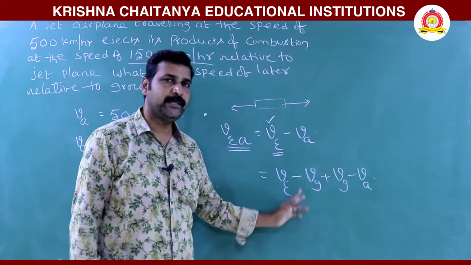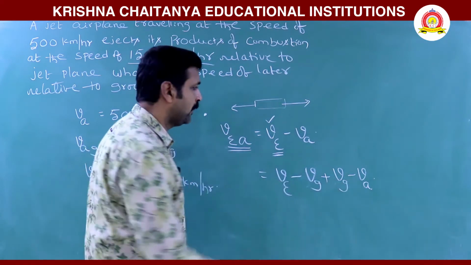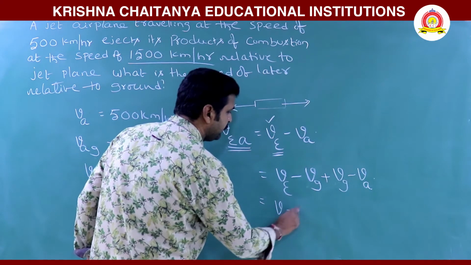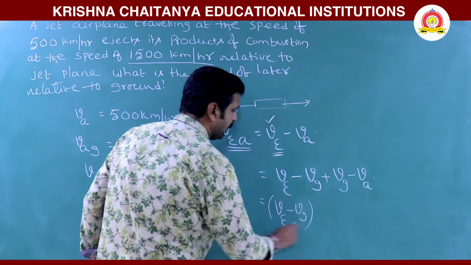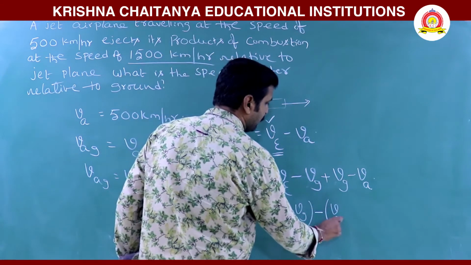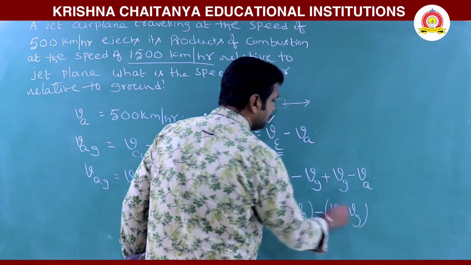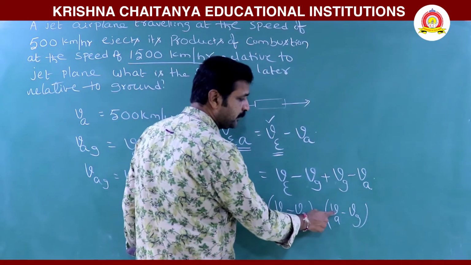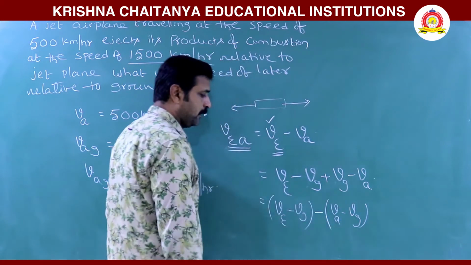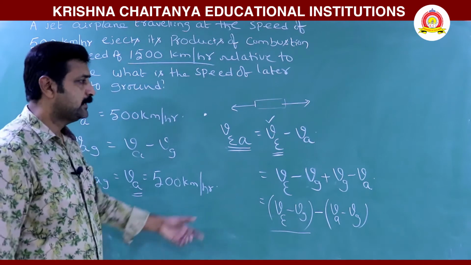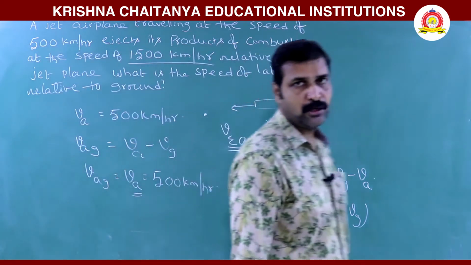So here I am taking minus Vg plus Vg. Now this can be written as Ve minus Vg, and this as minus of Va minus Vg. Ve minus Vg means the velocity of exhaust gas with respect to ground.